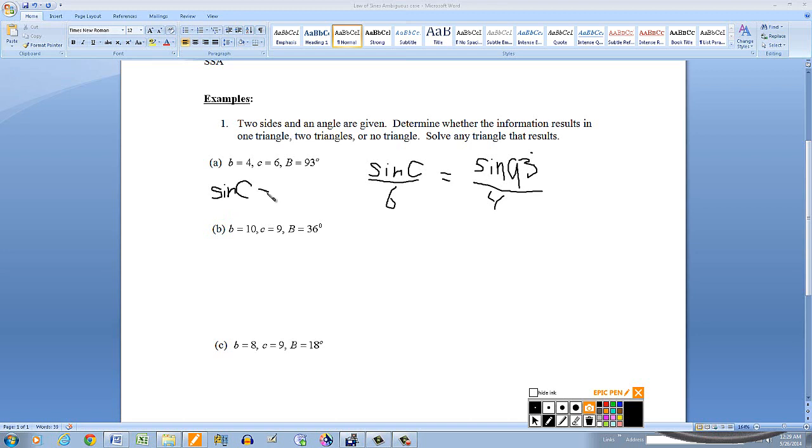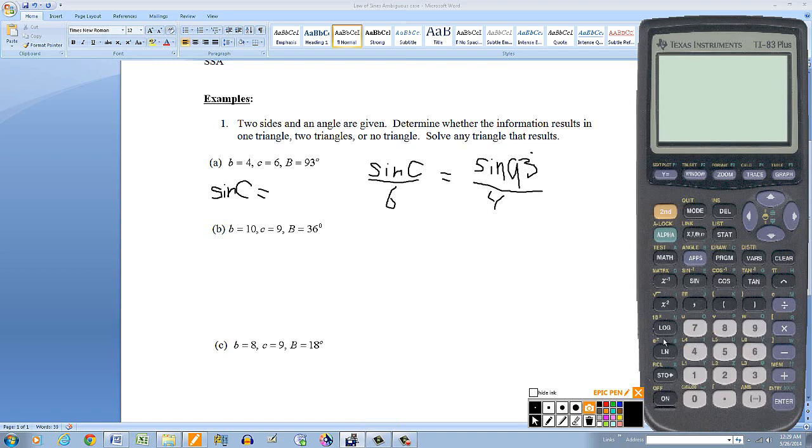Okay, so the sine of C is going to equal, looking at the formula over here which we got from the law of sines, the sine of 93 degrees divided by 4, times 6. Using my calculator, and since I'm dealing with degrees I want to make sure the calculator is in degree mode. Hit mode, and this one is set to degrees, so we're okay.